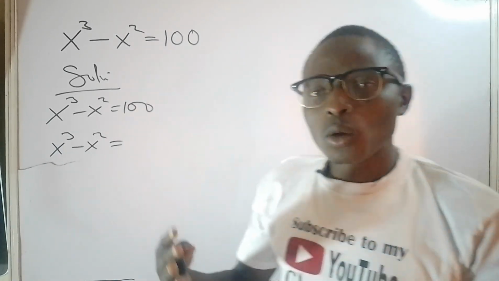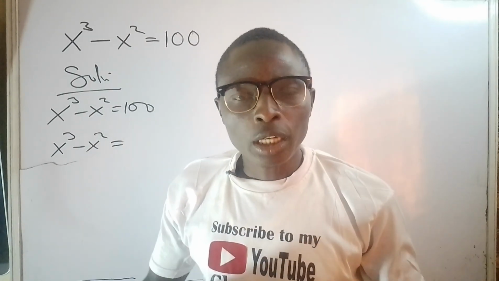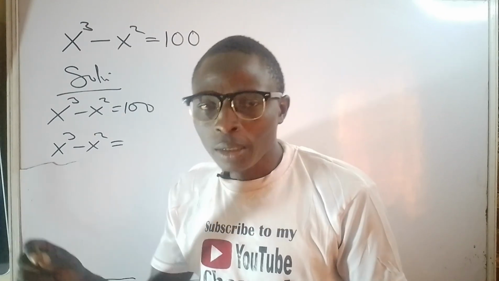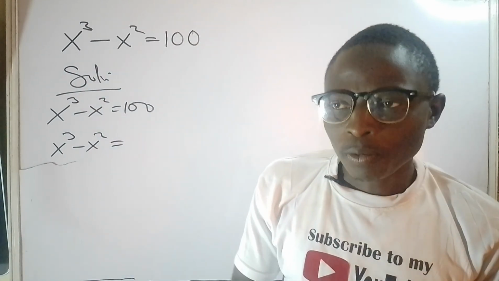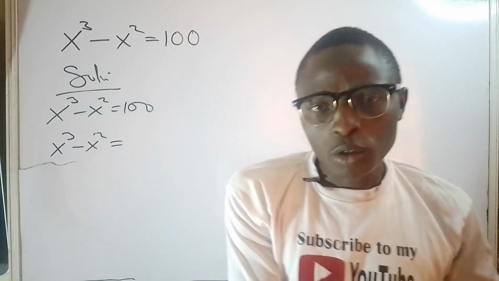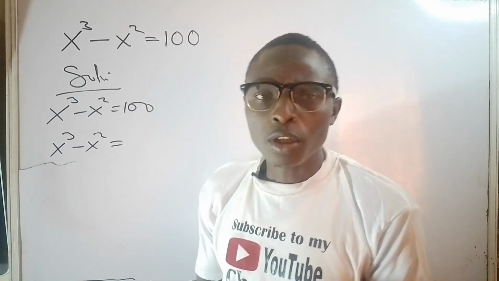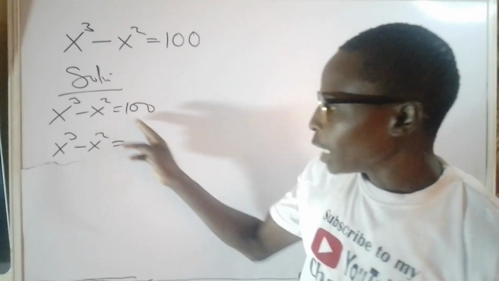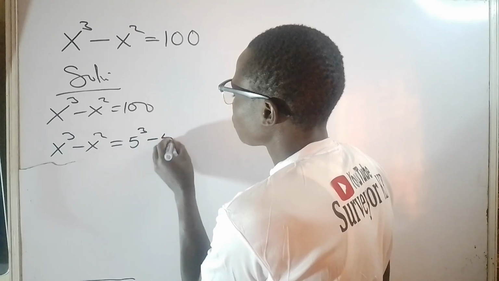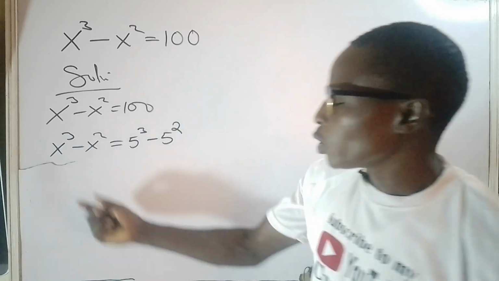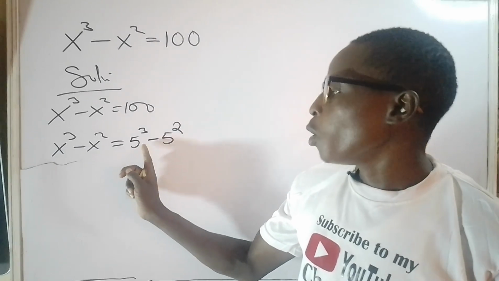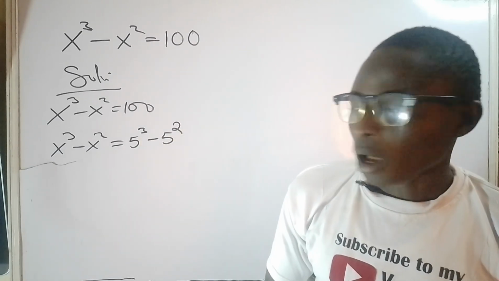We know that 125 is 5 cubed. 5 raised to the power of 3 is equal to 125, and 5 raised to the power of 2 is 25, and 125 minus 25 is 100, which is this. That means we have 5 cubed minus 5 squared, just the way we have x cubed minus x squared.